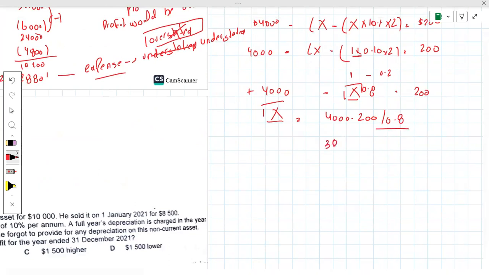So 3,800 divided by 0.8. Okay, so 3,800 divided by 0.8. So the cost of the machine would be 4,750.